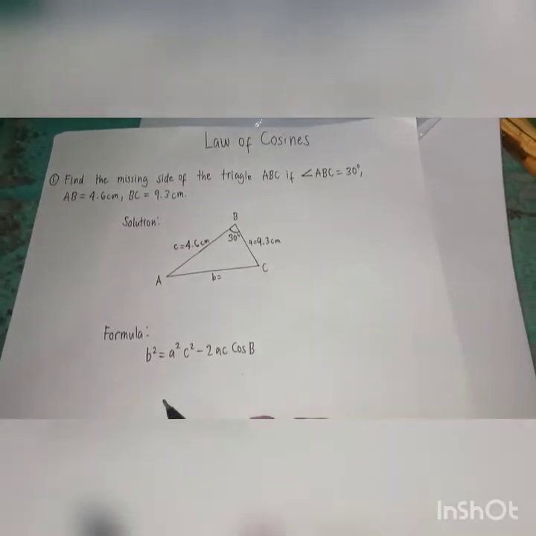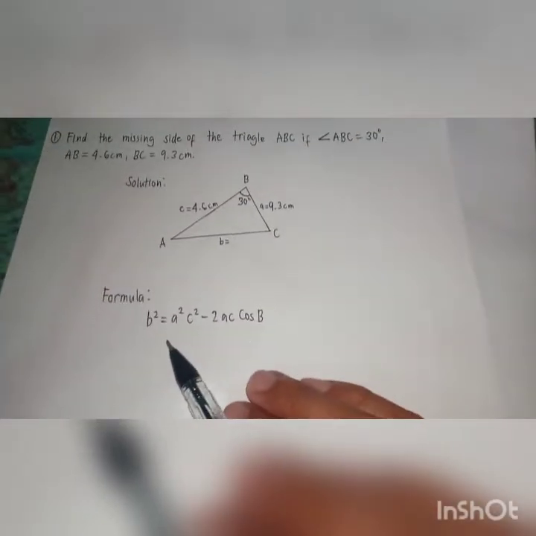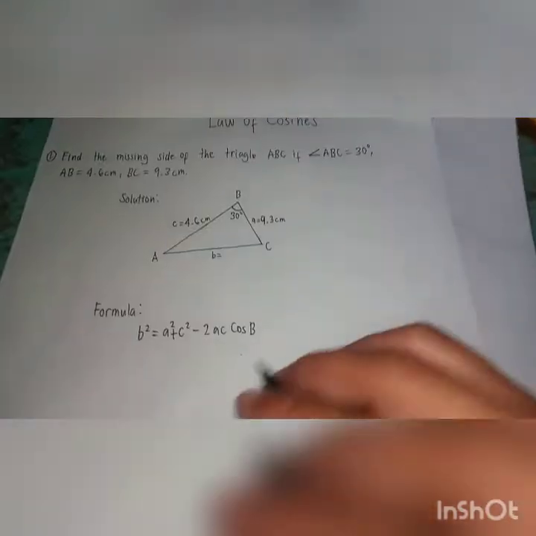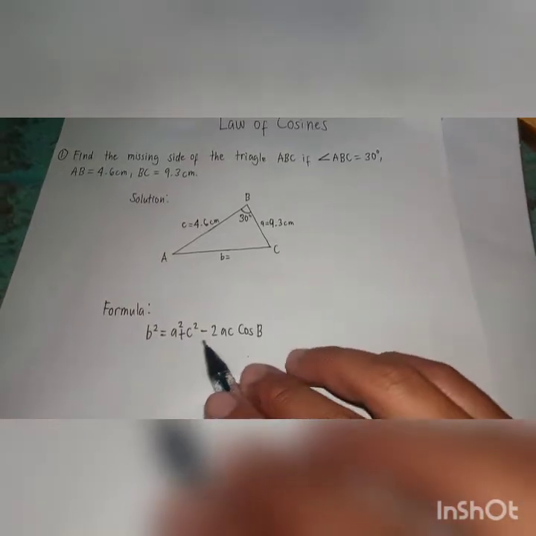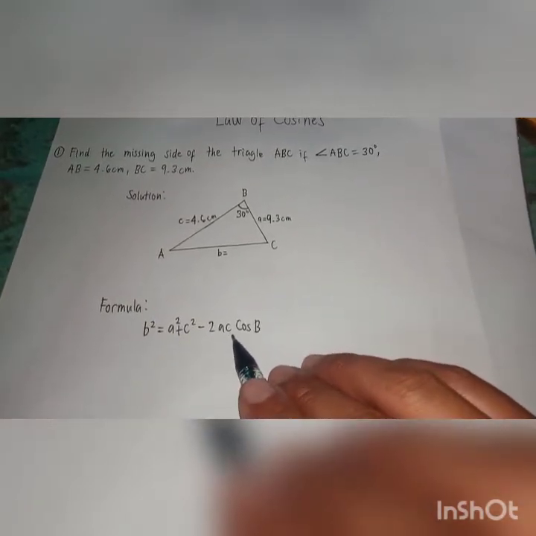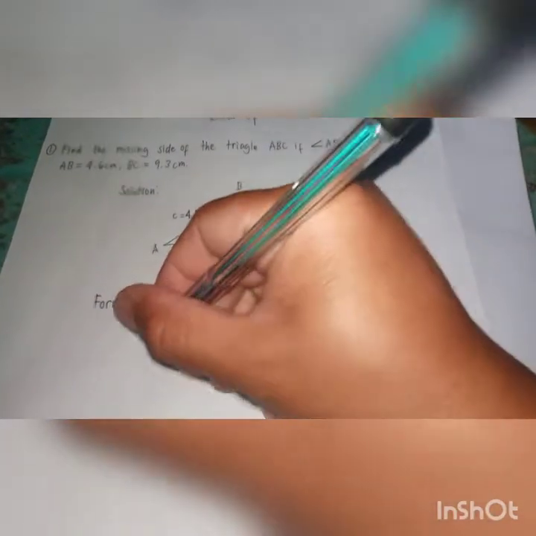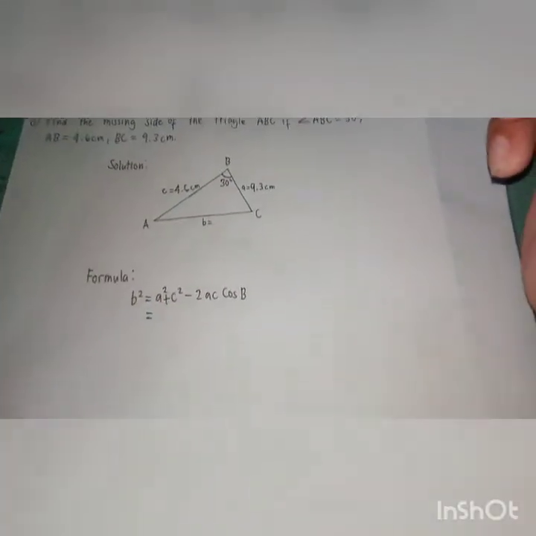So the formula we have is b squared is equal to a squared plus c squared minus 2ac cos of B. So distribute the values.